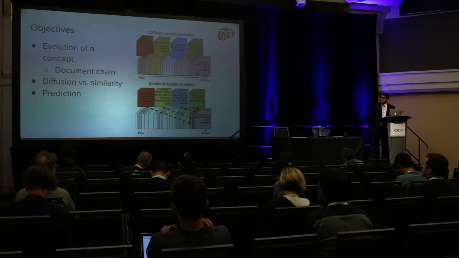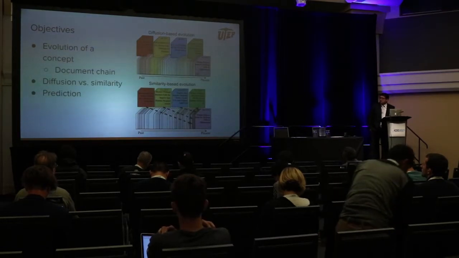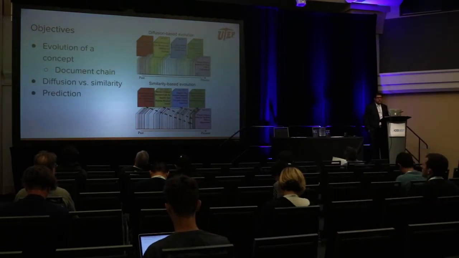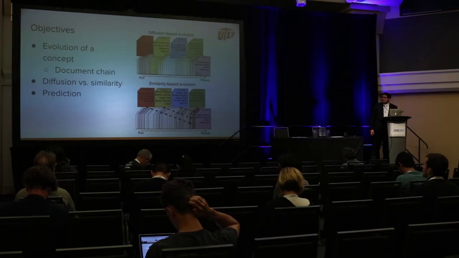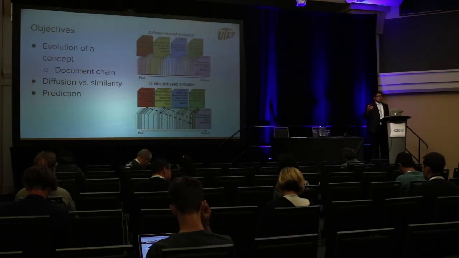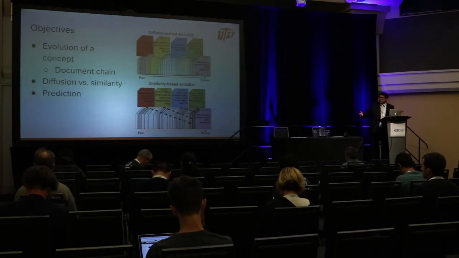And in this case, there are several different storytelling algorithms or connecting the dots algorithms. And what we introduce is the concept of diffusion. So diffusion, we use it as, there are several events going on in time, right?